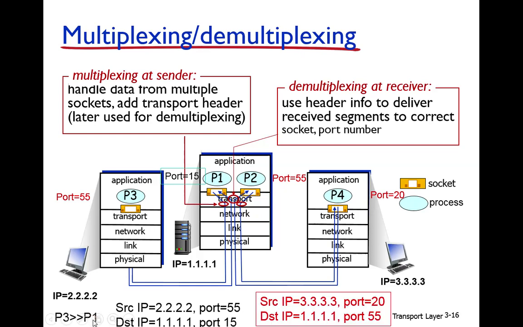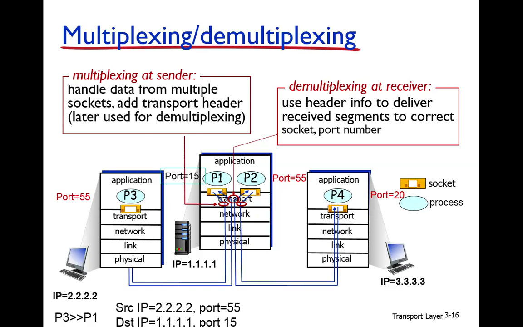Similarly, suppose this other packet, the red one, has source IP address 3.3.3.3, so it is from this machine, and port number 20. On this machine, port number 20 is for application P4, and the destination IP address is 1.1.1.1. So this is for this machine, where port number 55 is associated with the application P2.